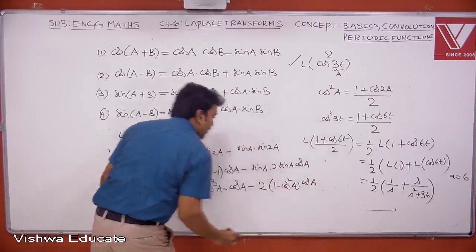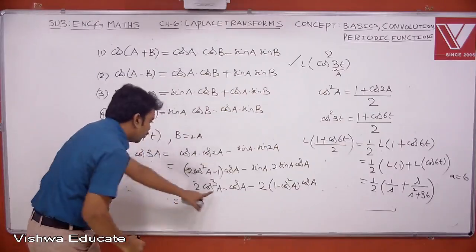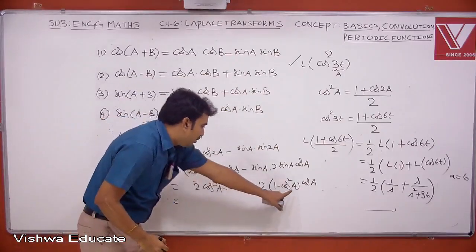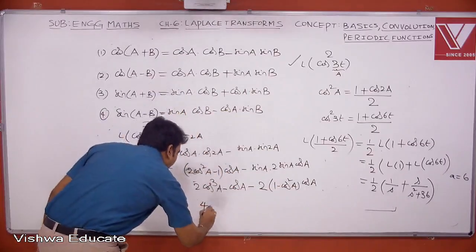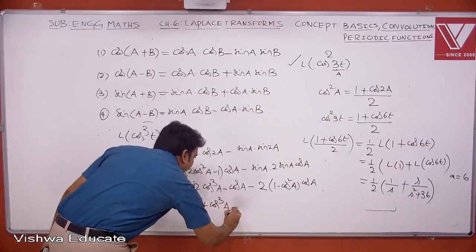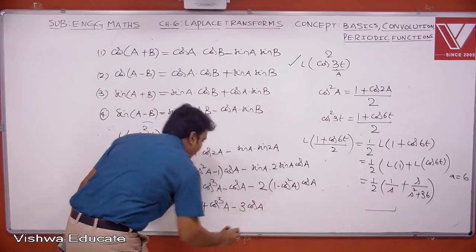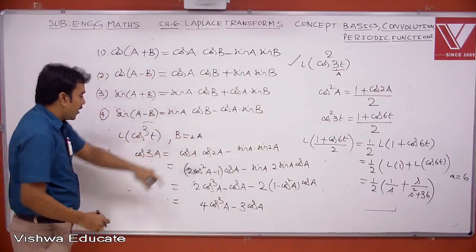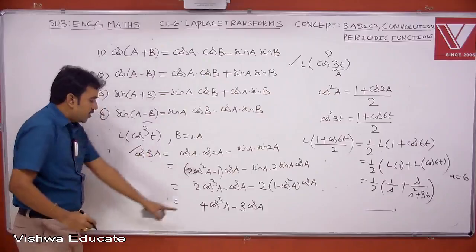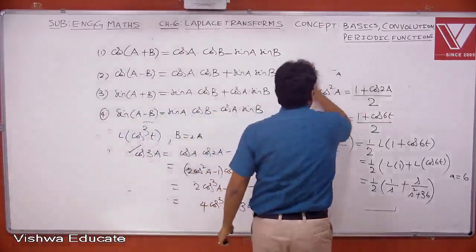Therefore this expression gives me 2 cos cube a, and here also you will get minus into minus, plus 2 cos cube a. So therefore this is 4 cos cube a minus cos a minus 2 cos a, which is minus 3 cos a. Therefore, in this formula, if B is replaced by 2a, then cos 3a becomes 4 cos cube a minus 3 cos a.